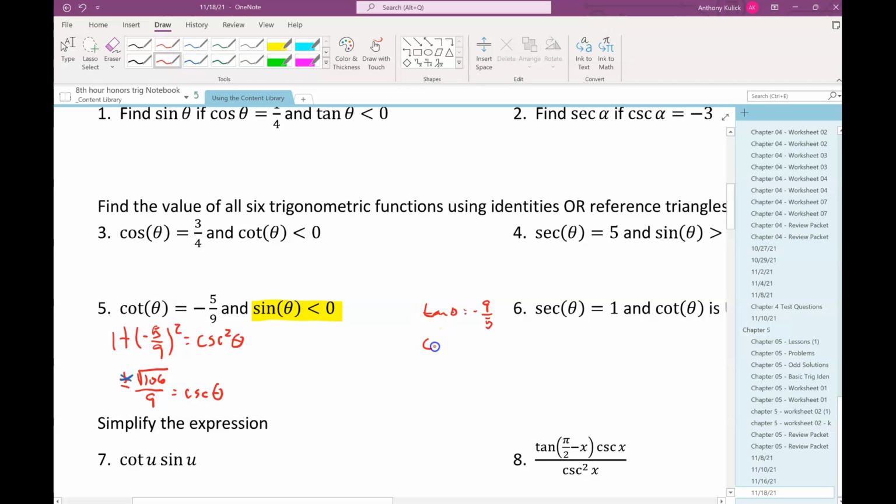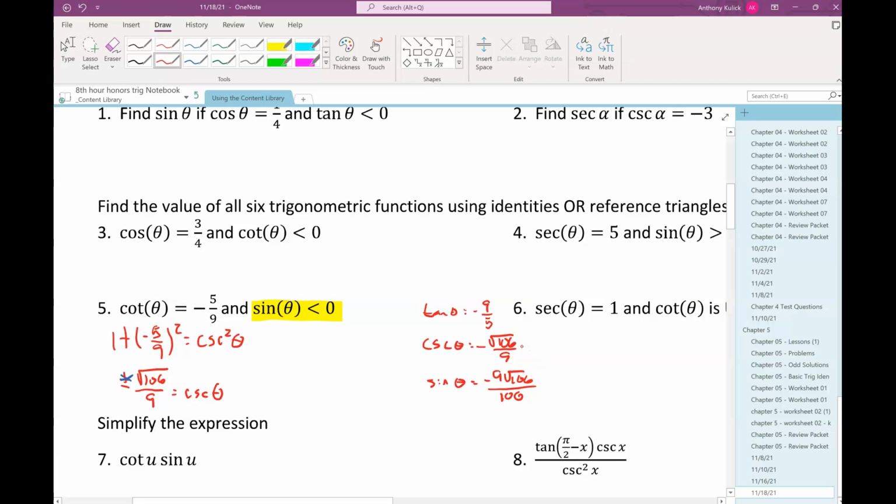So there's my third. And then I get sine for free from that. So after I rationalize my denominator, I get 9 root 106 over 106.